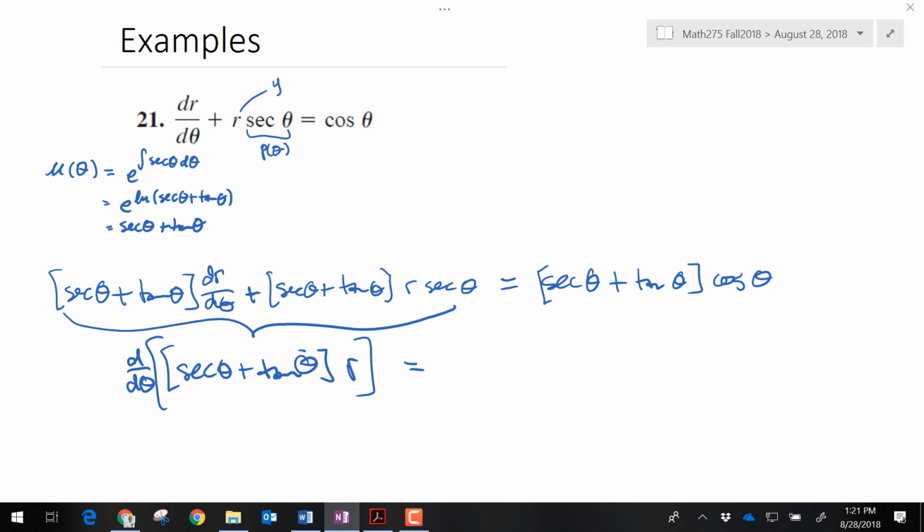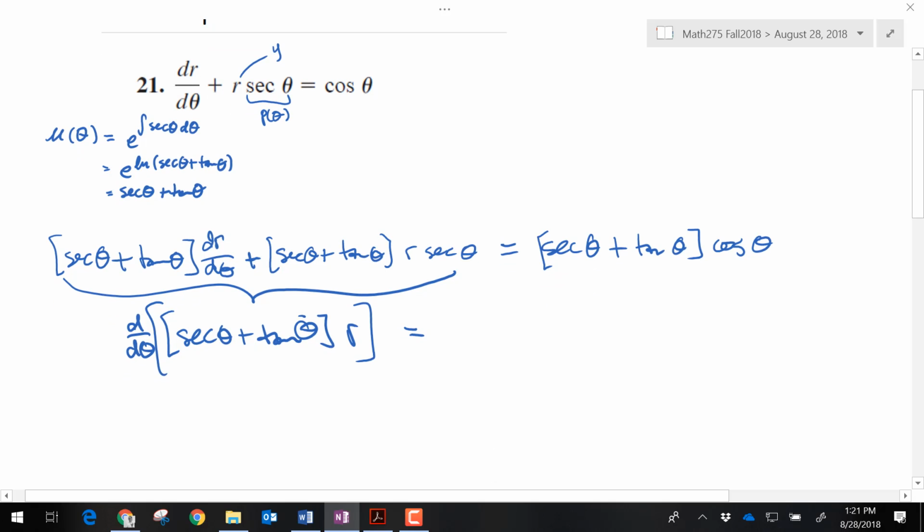Oh, because this is supposed to be mu times. I would take the derivative of this to check to make sure it's right. Should we check to make sure it's right? It's right.